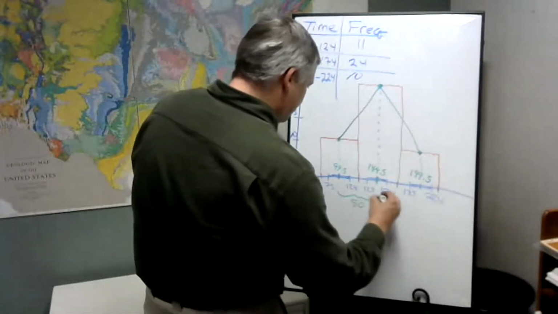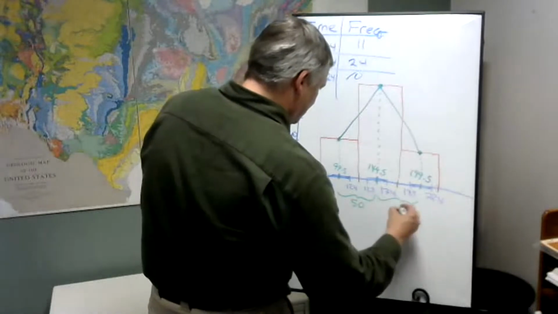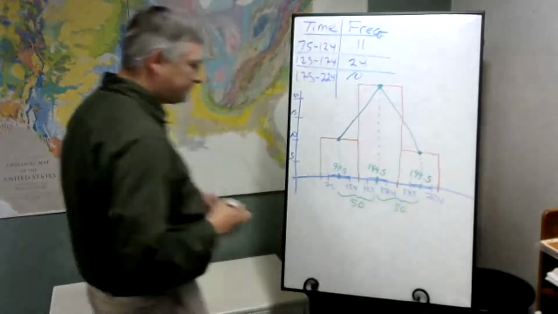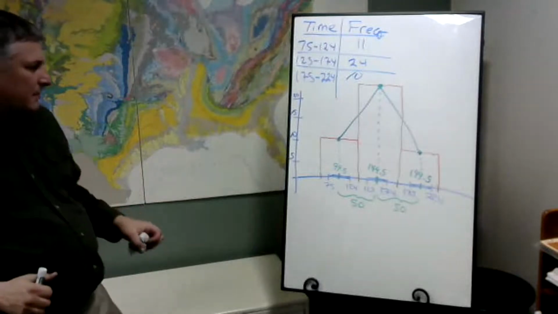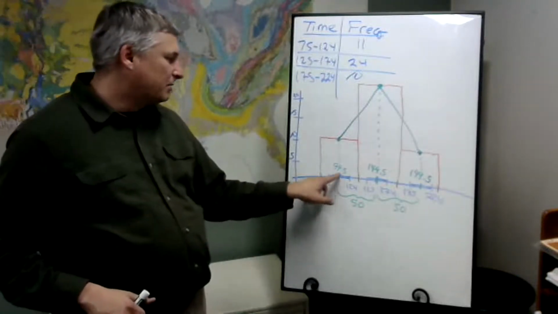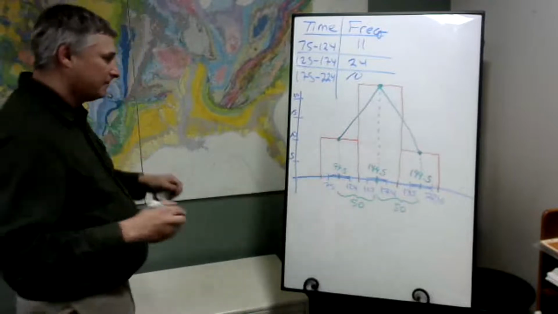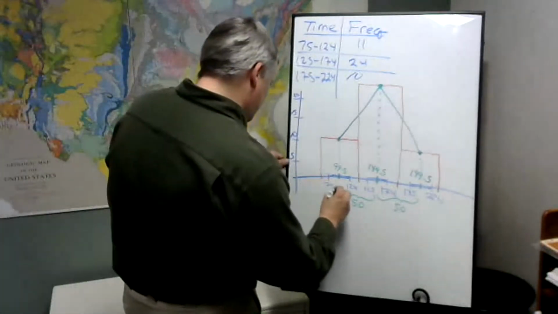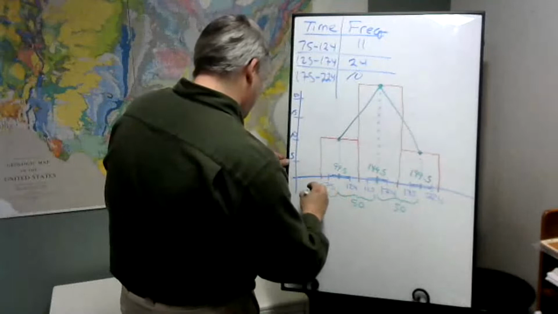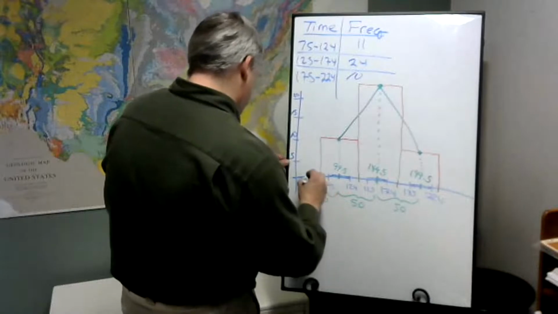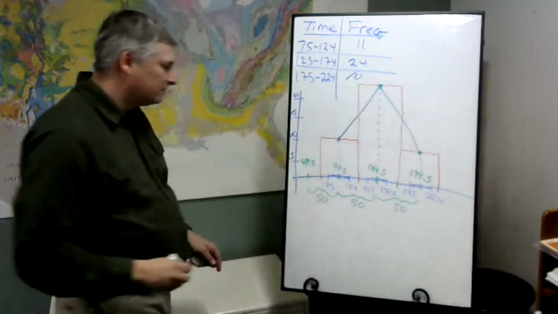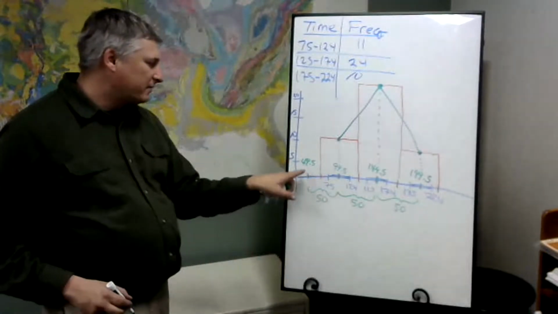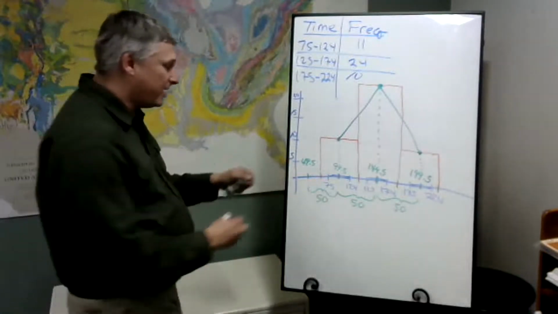And that's 50. And that's 50. So what we do is we just go another 50 below the last midpoint. So that's going to be 49.5. Because 99.5 minus 50 is 49.5.